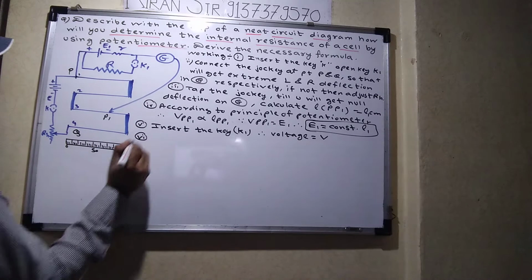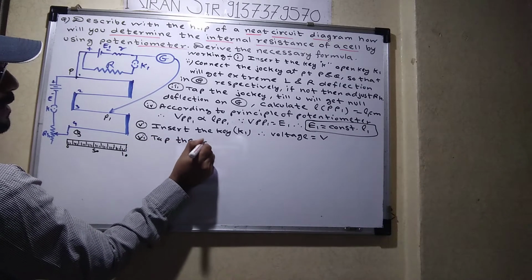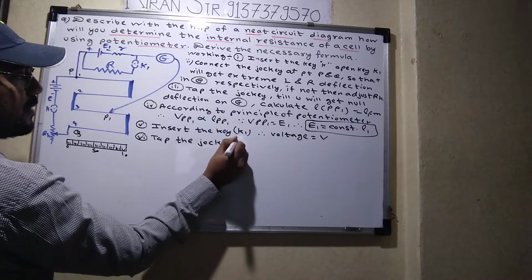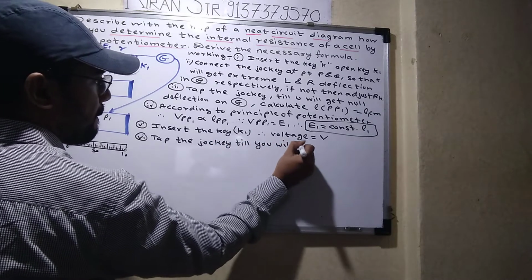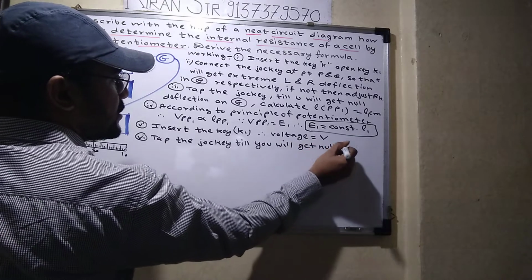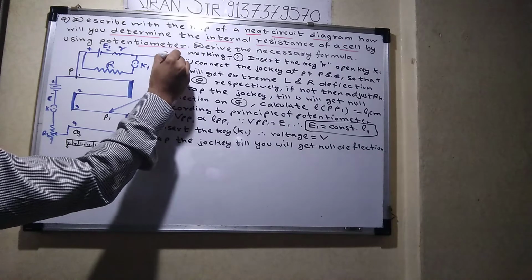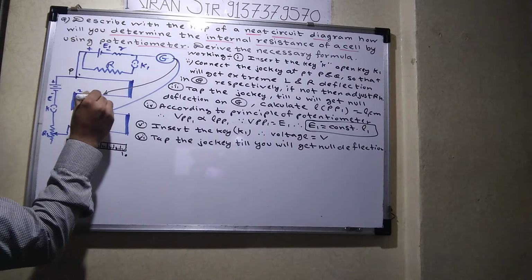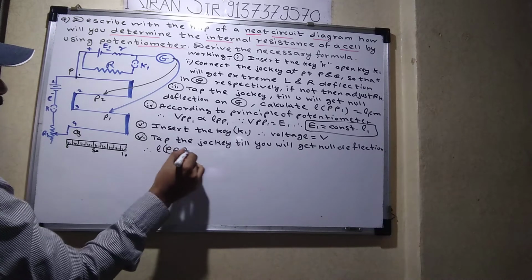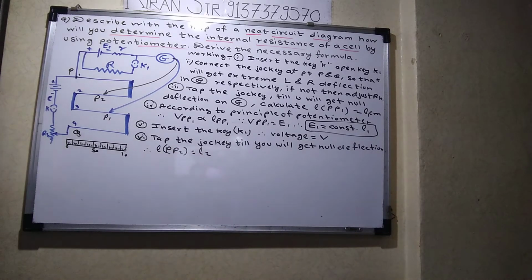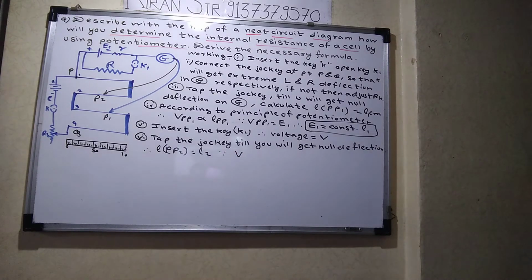Listen, students, this is very important. Tap the jockey till you get null deflection. Let that second null deflection be at point P2. Therefore the length PP2 will be your L2.